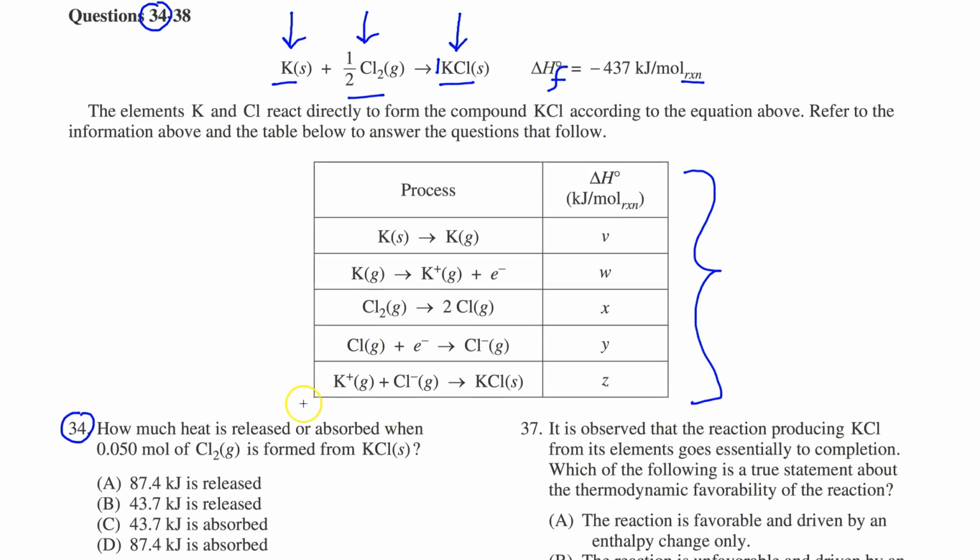How much heat is released or absorbed when 0.05 moles of chlorine gas is formed from KCl? That's really the key word here, formed. Formed from KCl must mean that we are headed in the reverse direction. So we're forming chlorine, and when we're dealing with delta H's, it's always per how much.